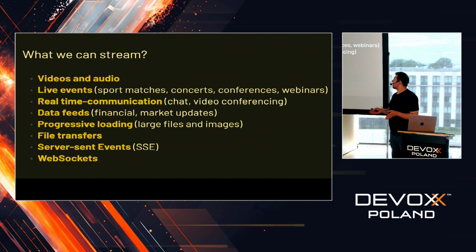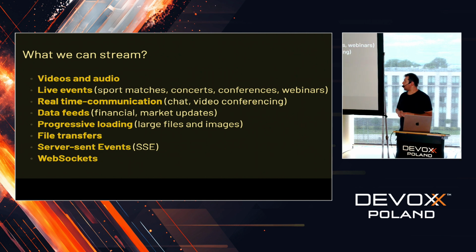We have chats, video conferencing, data feeds, for example, financial data, market updates, etc. Progressive loading for loading huge images, for loading huge files. Also for file transfers. If you'd like to upload a huge file, it's not sent in one, for example, request.